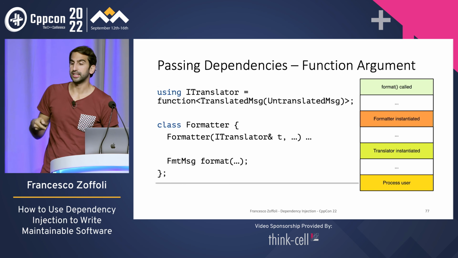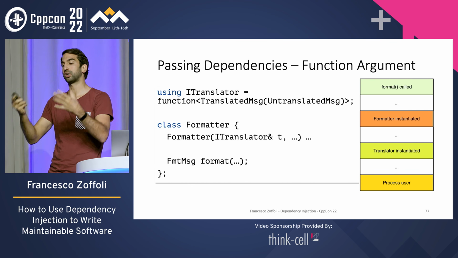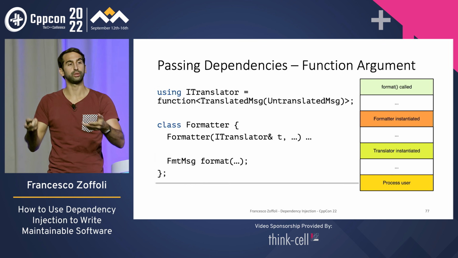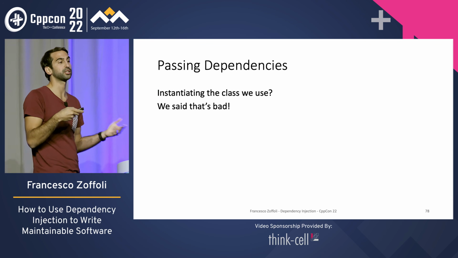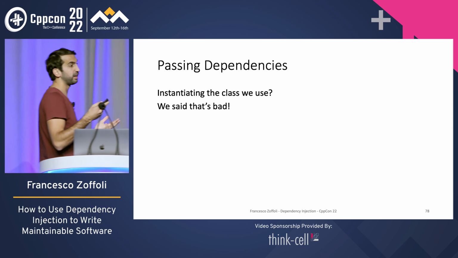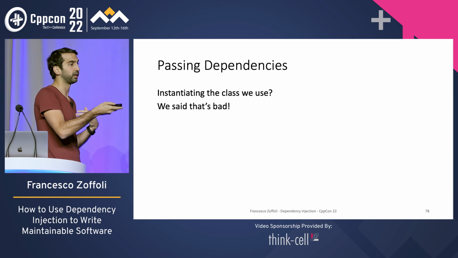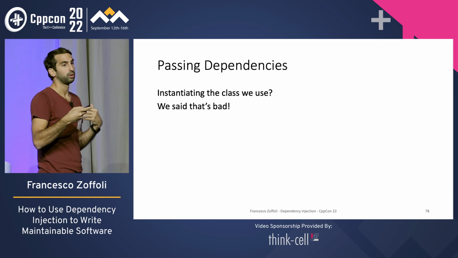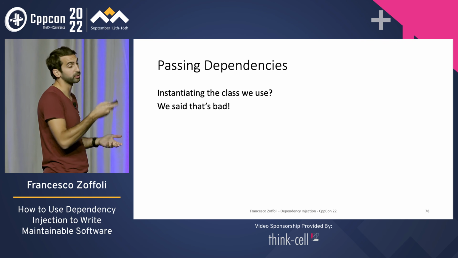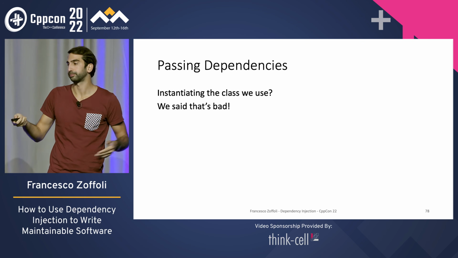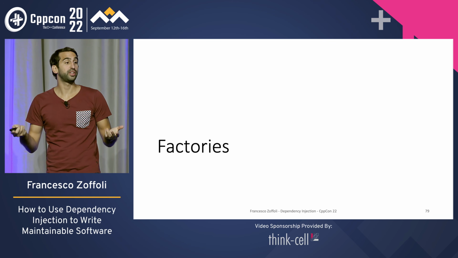But the other thing is that here, for example, we start processing the user, and then we are talking about instantiating the translator. But we were saying that as part of dependency injection, if we are instantiating the objects that we use, we need the concrete type, and now we are locked into using the specific object. And that's bad. And we can solve this with factories.